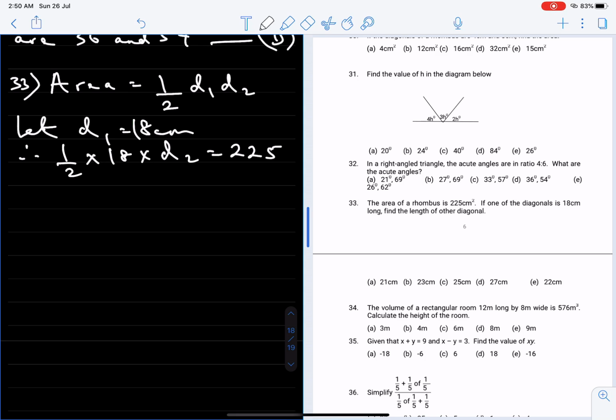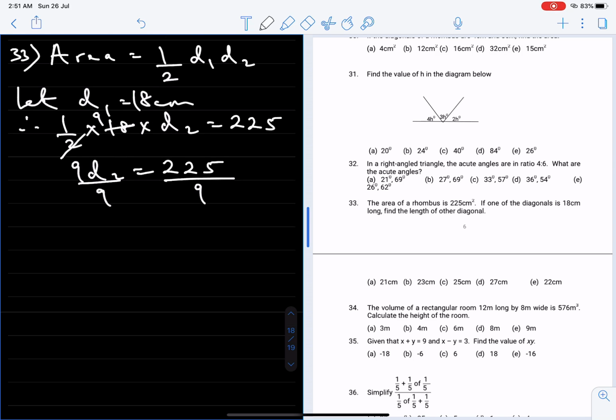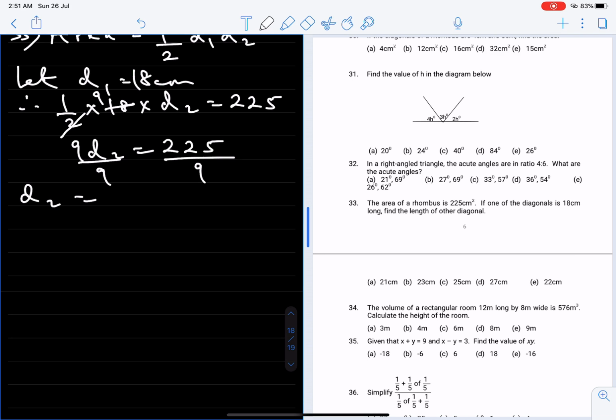That simply means half of 18 is 9, so 9 D2 equals 225. We divide both sides by 9.